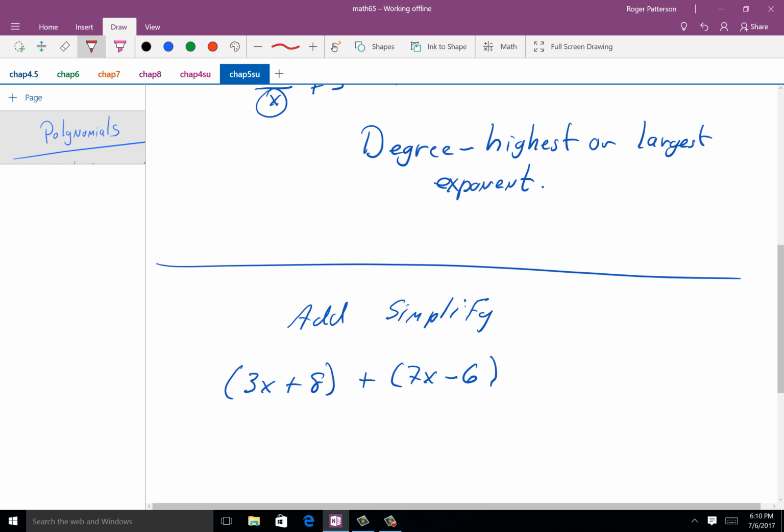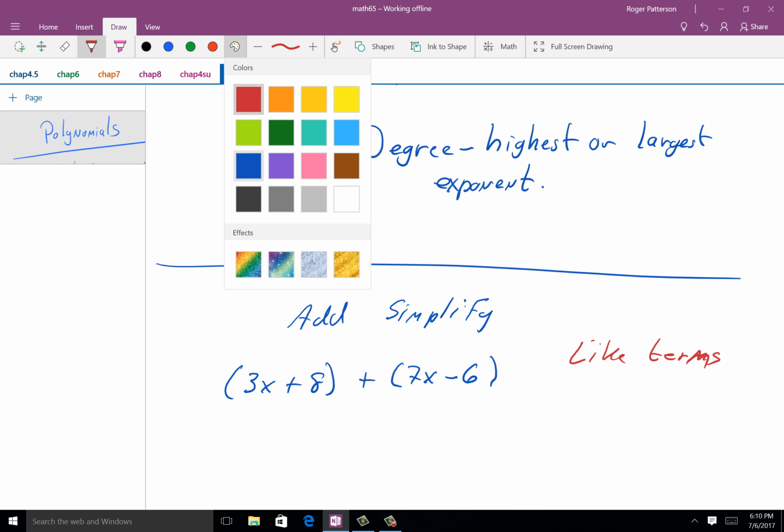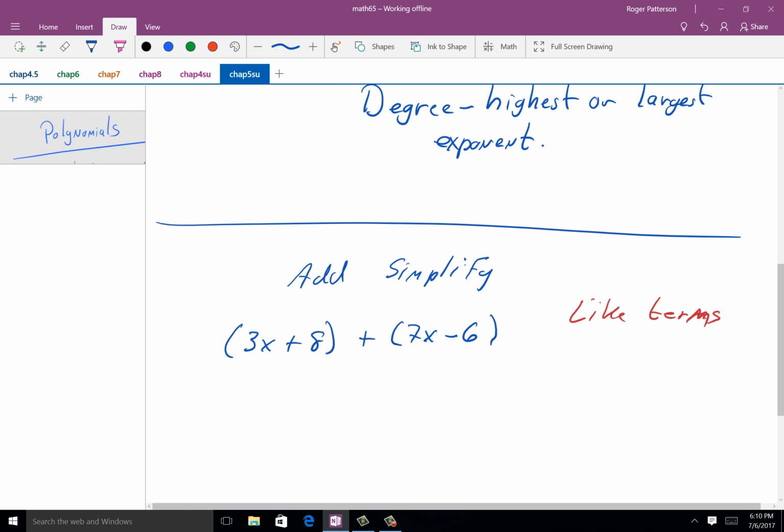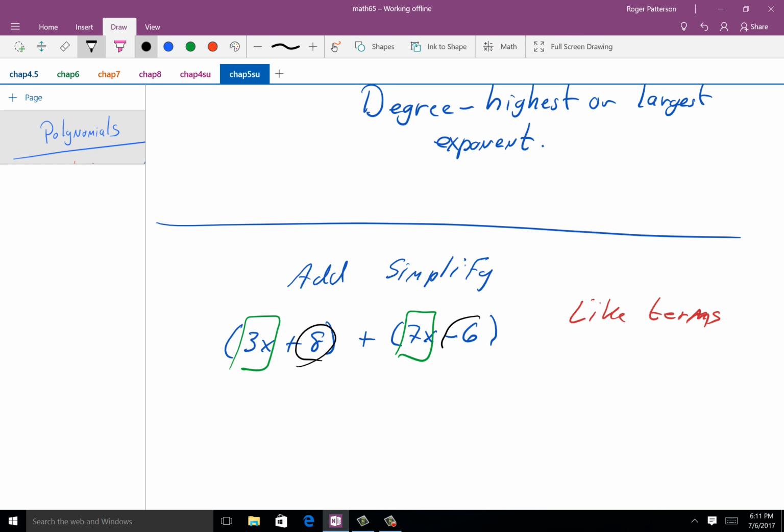So the key idea here is like terms. So I'm going to combine those like terms. So like here I have a 3 and a 7, and here I have an 8 and a 6.